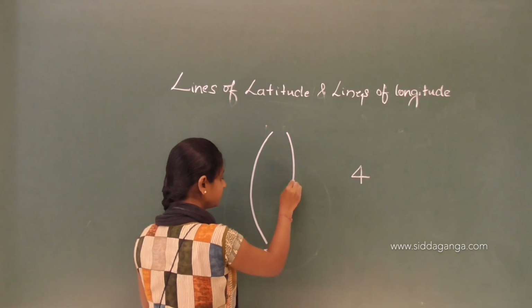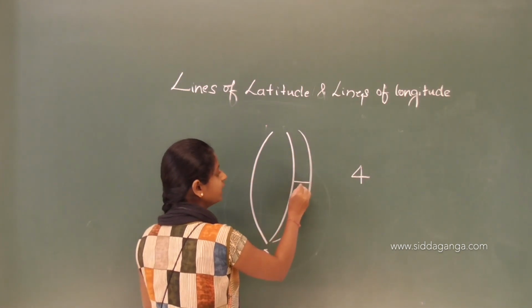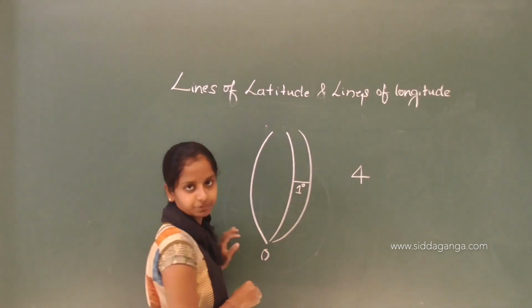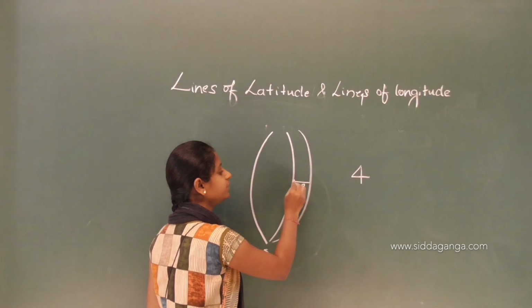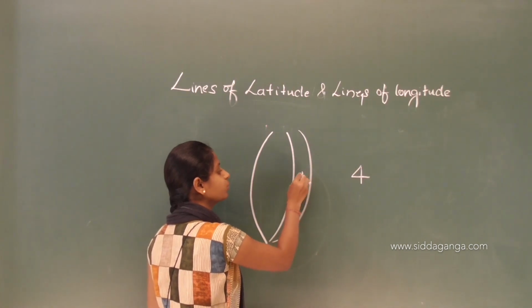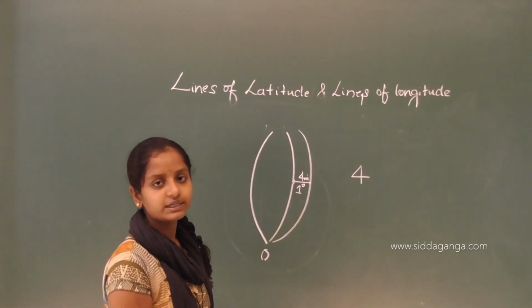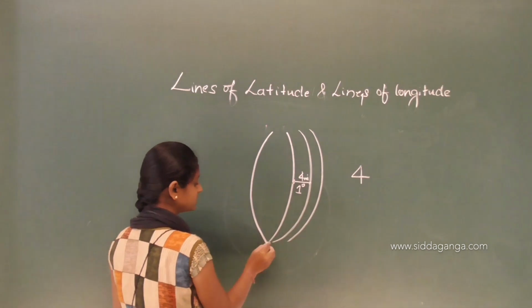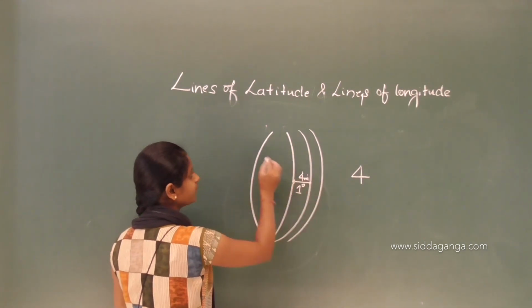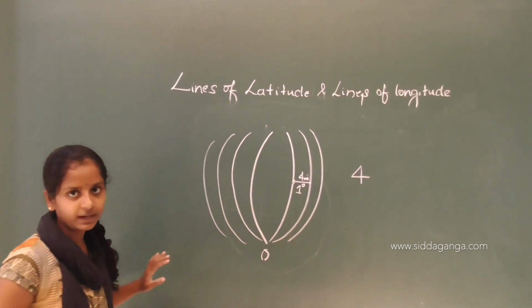We have seen that from here to here there is a 1 degree gap, so for Earth to rotate from here to this longitude, it takes 4 minutes. If we want to know the time of this side, this is the main meridian, so this is the east part and this is the west part.